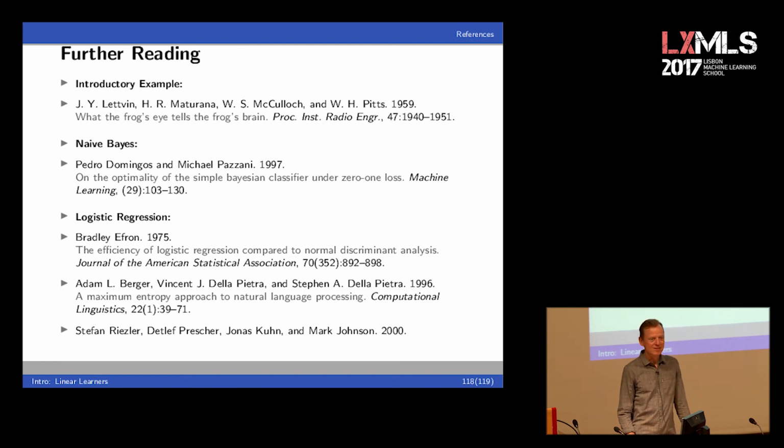Class imbalance. For example, for support vector machines, there have been ways of handling it. Basically what I showed you before with this C parameter that trades off the error minimization and the maximization of the margin, you can introduce a parameter for each class.